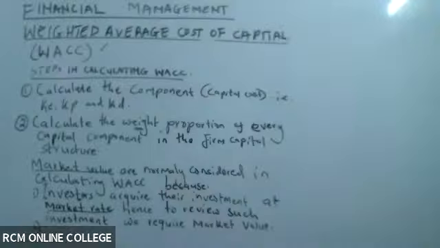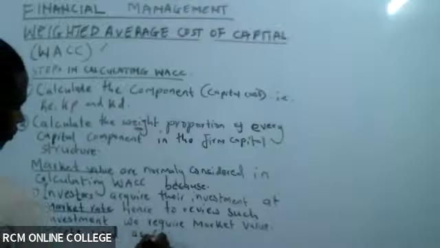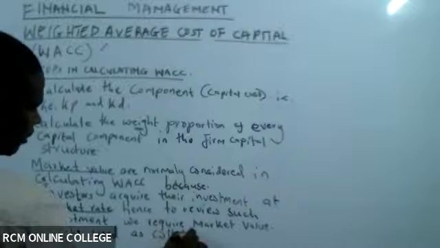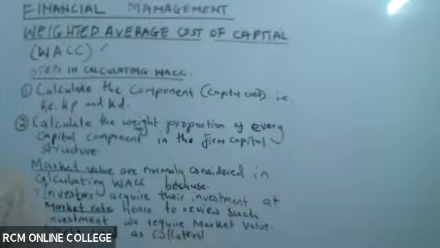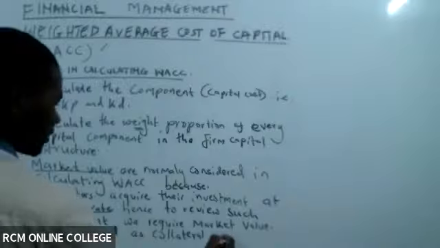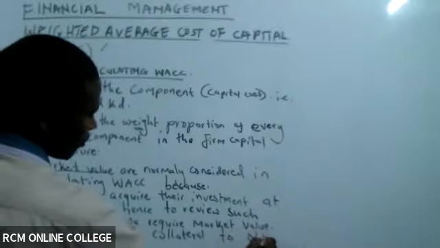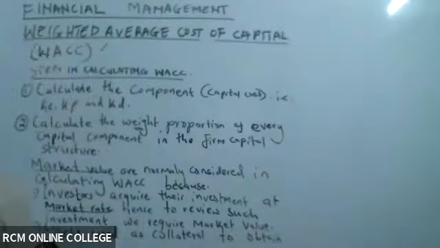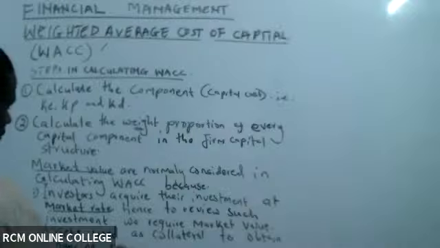2, assets used as collateral. Collateral, you know these act like a guarantor. Assets used to obtain financing are always valued at the market value.